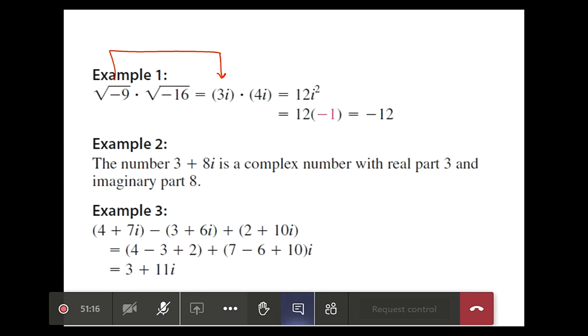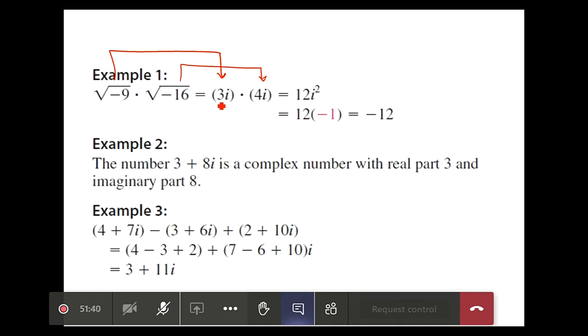So we have 3i. What's the value of the radical of negative 16? Remove the negative, put i, and radical 16 equals 4. So we have 4i.